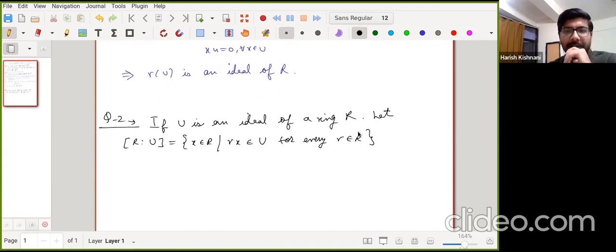And now we are varying all elements over the ring R. So yes, it turns out that this set is also an ideal.